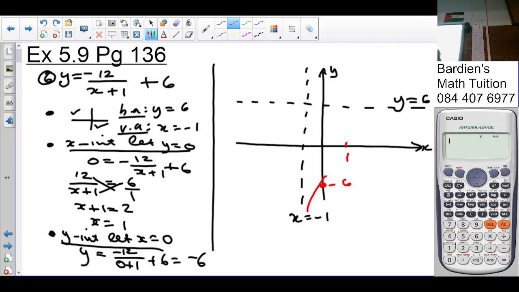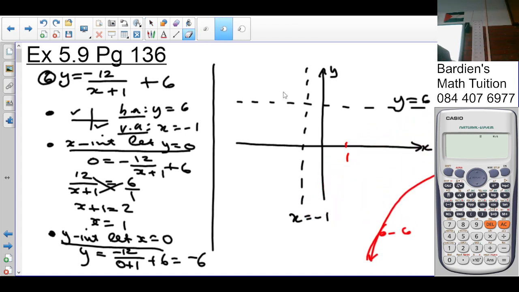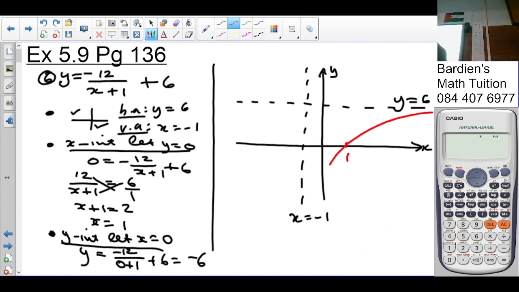So it goes through that. And of course I reflect it in that quadrant. Okay, we got it.